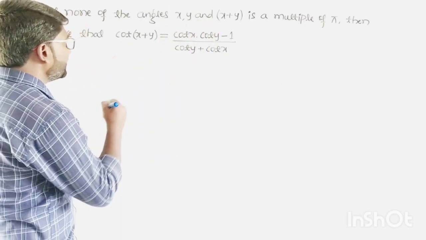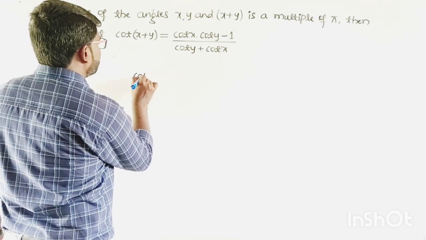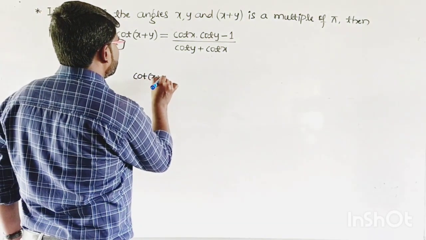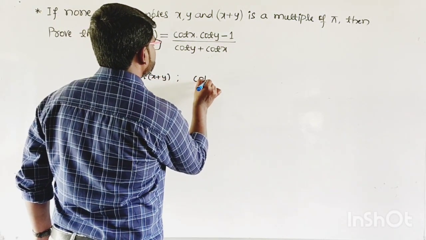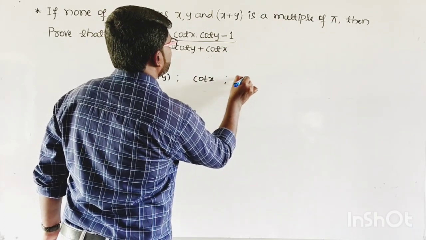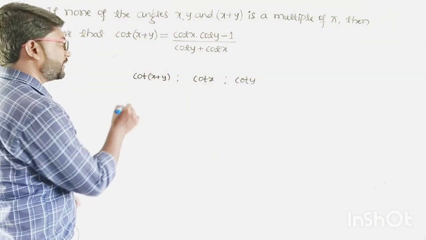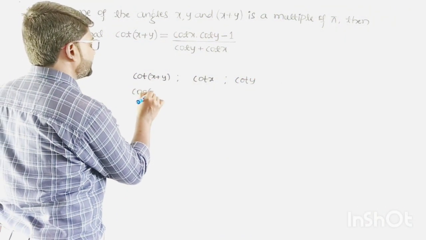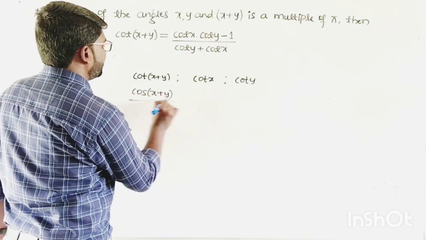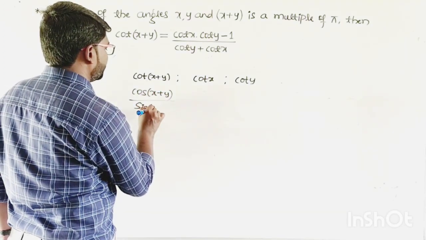See here, overall we have three terms, cot of x plus y, cot x, and cot y. How do you write cot of x plus y? It is cos of x plus y divided by sin of x plus y.